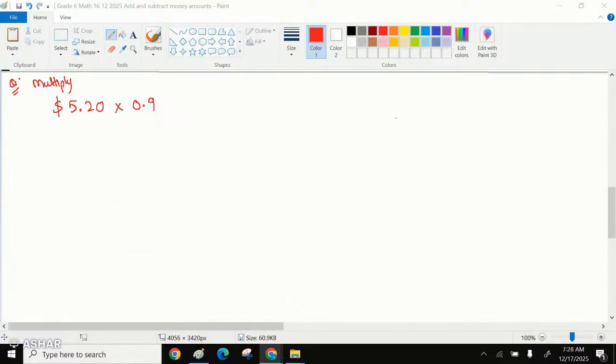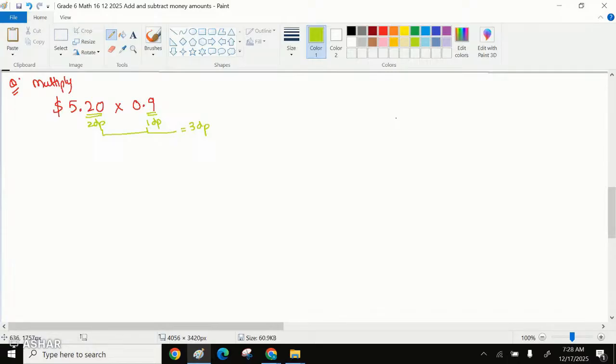Let's move on. So we know that there are two decimal places over here, and there is one number after the decimal. That means there is one decimal place over here. That means the total number of decimal places would be three decimal places, right? Two decimal places and one decimal place. That means the total decimal place is three.